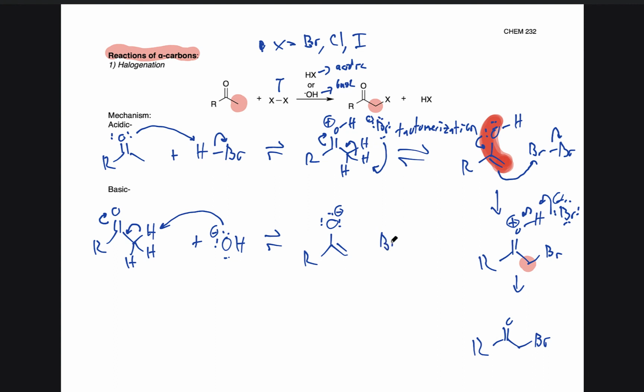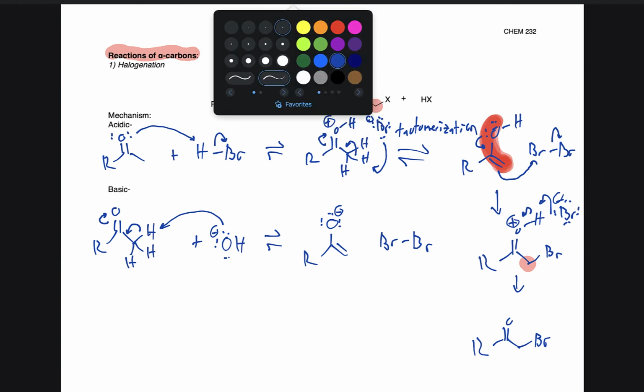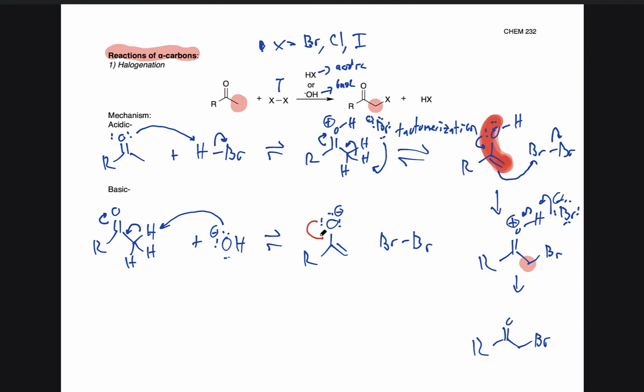And when we react with Br2, what we're doing, the O minus isn't grabbing the bromine, but instead we're reforming the carbonyl, and then the alkene is reacting with the bromine here to get to our final product, right?